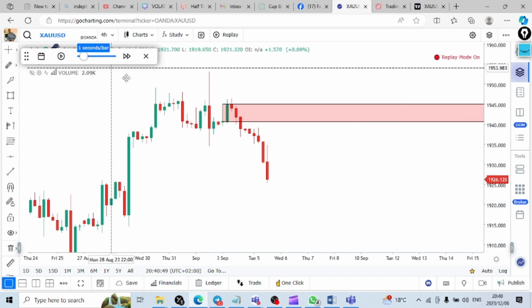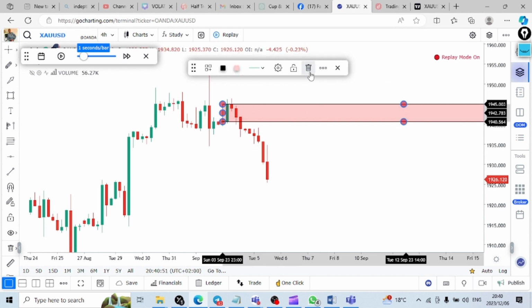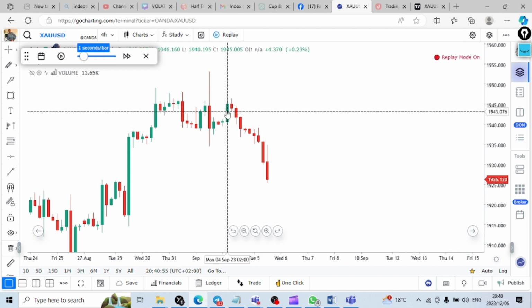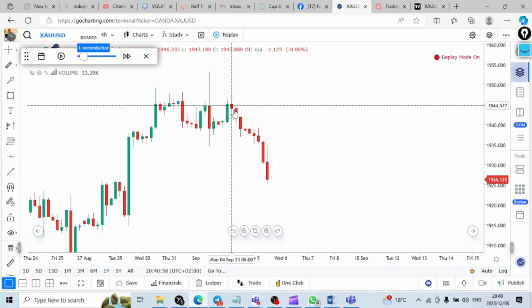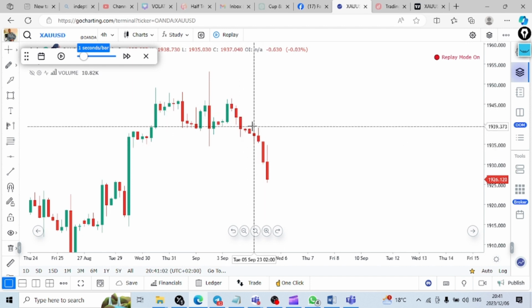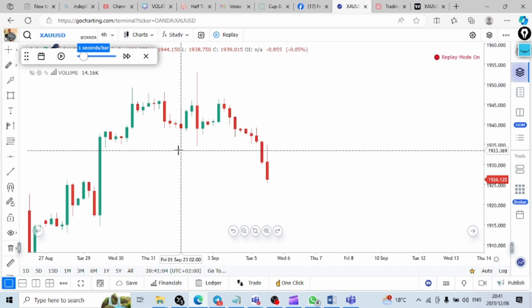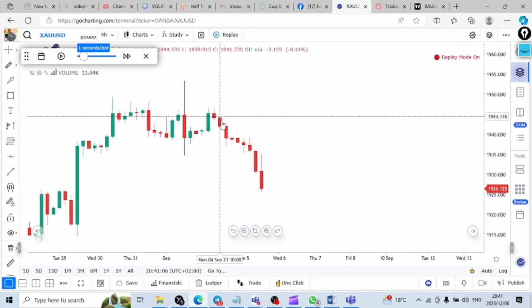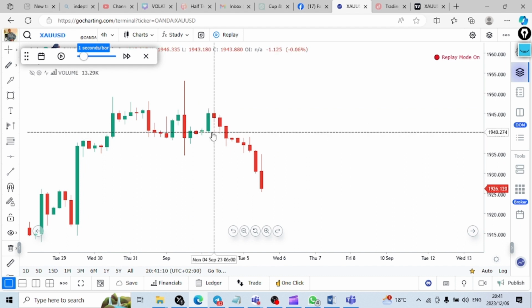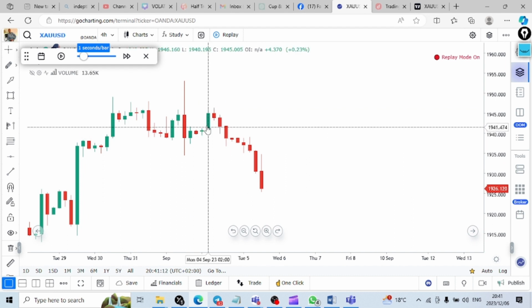There must be a displacement from that particular area. What do I mean? You must see that there was a big shift or a big movement from that particular area, which signifies that there was the involvement of large institutional traders. This big movement can only be done because of large institutional traders. So that's the first thing.